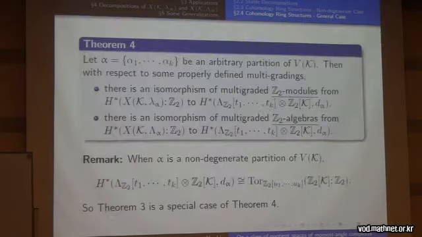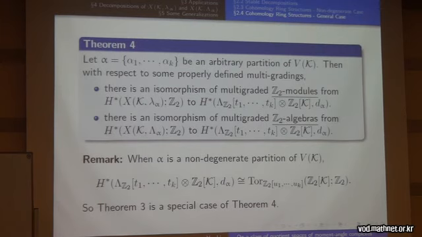So when alpha is a non-degenerate partition, then this is just the Tor algebra. So theorem 3 actually is a corollary of theorem 4, right? This is the more general form of computing the cohomology groups and cohomology rings.